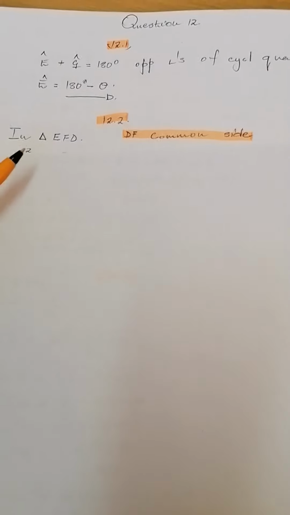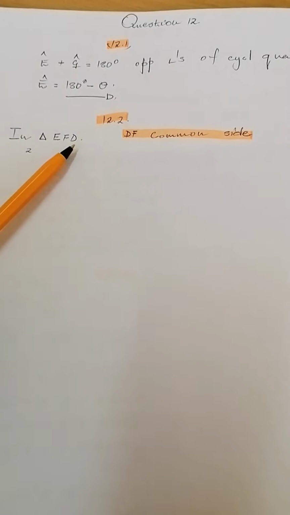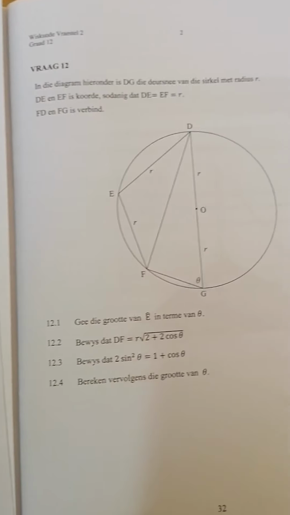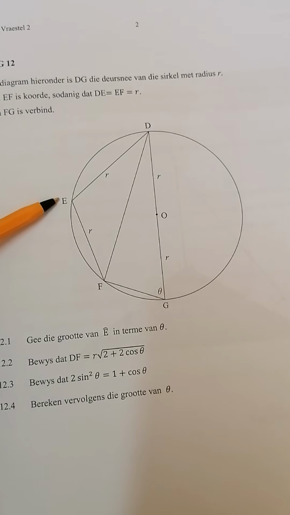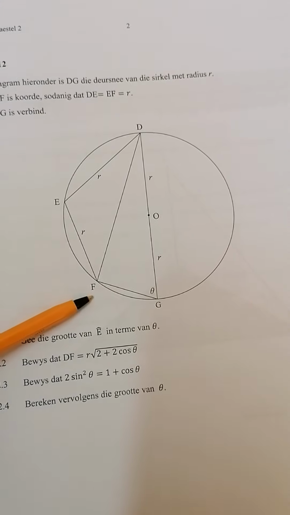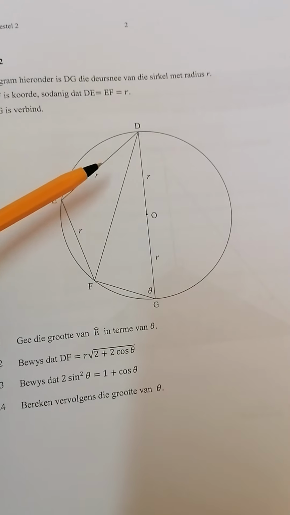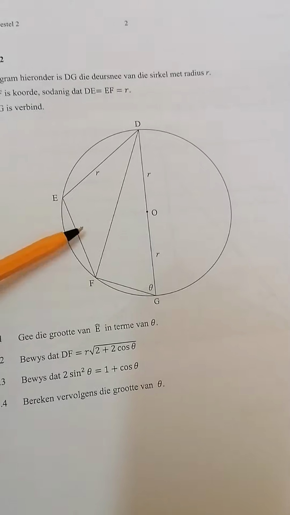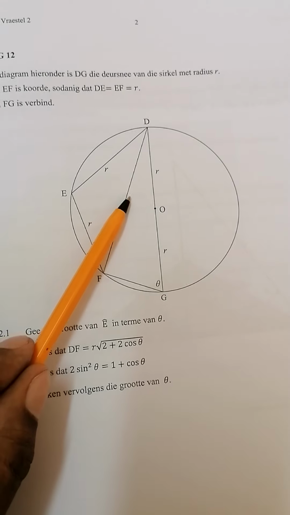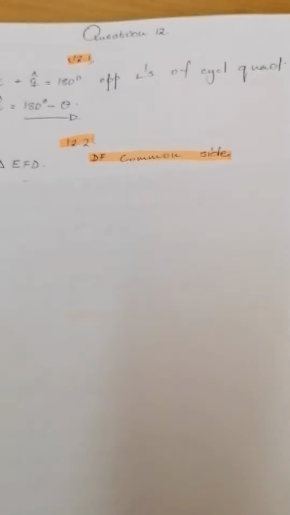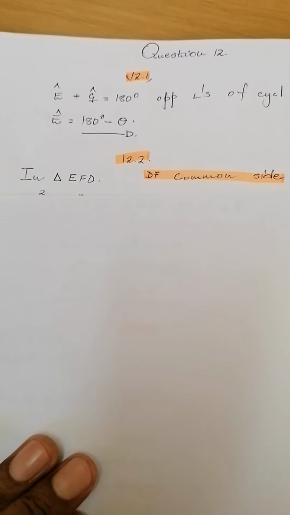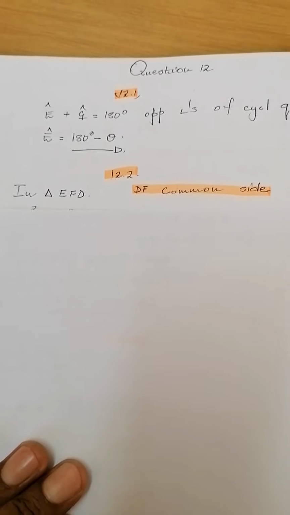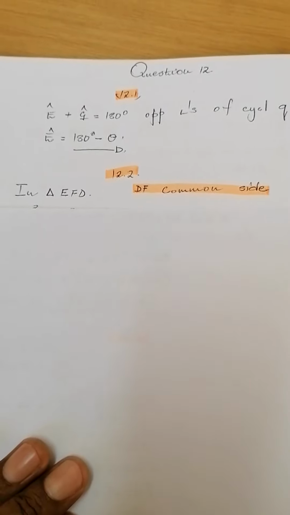If you look at this, I said in triangle EFD, let's go to triangle EFD, because I know this side, I know the included angle, I know this side, I'm looking for this side, which I reminded myself is the common side.